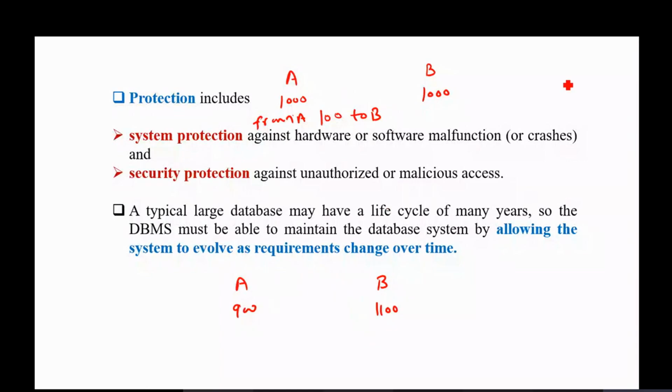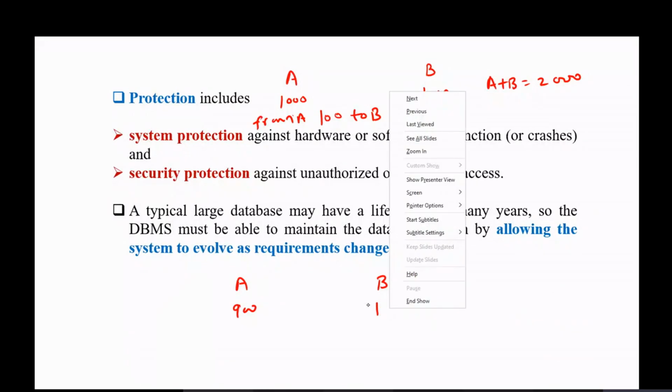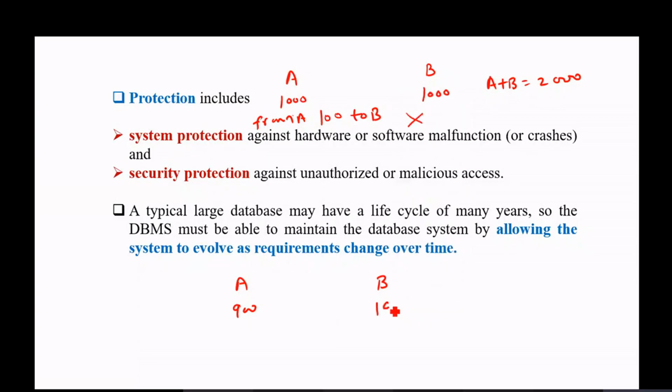Is that clear or not? अब देखिए यहाँ पे, the sum of A plus B, what is it, 2000, means before the execution of the process, and after the successful completion, what is it, again 900 plus 1100, that is your 2000. ठीक है, फॉर एग्जाम्पल आप ट्रांसफर कर रहे थे बट हुआ क्या कि ये ट्रांसफर हो नहीं पाया. अगर ये ट्रांसफर नहीं हो पाता है, in that case B में कितना रह जाएगा, only 1000, because it was not credited to B's account, it has been debited from A. Now we perform A plus B, that is your 1900.